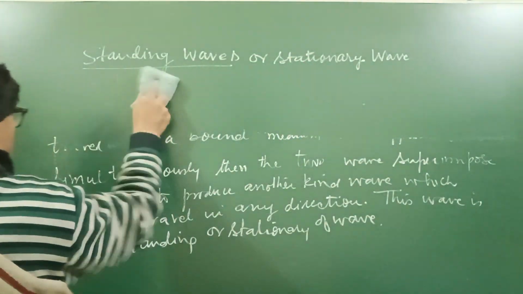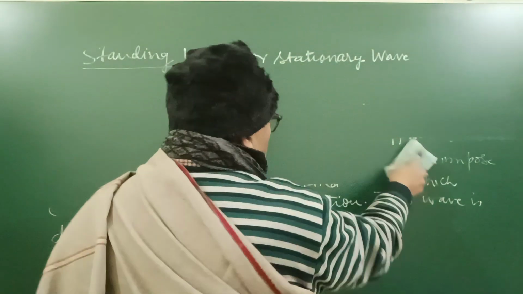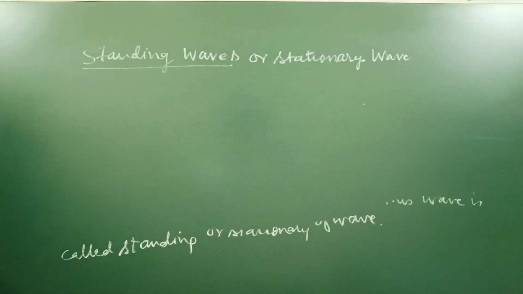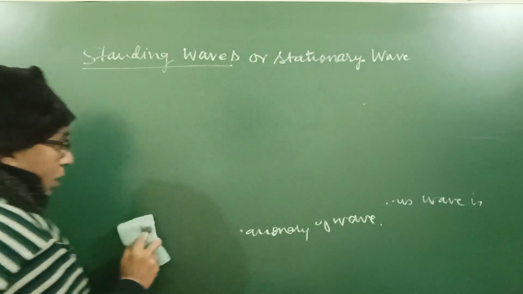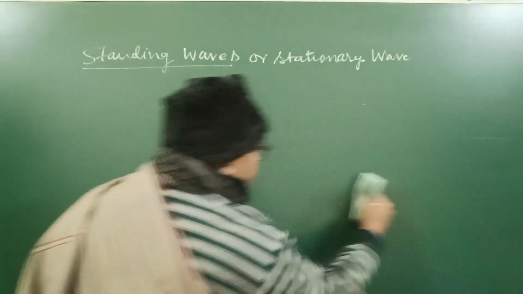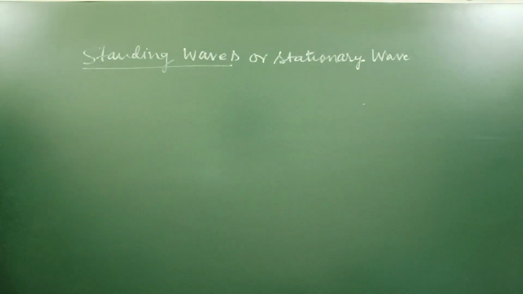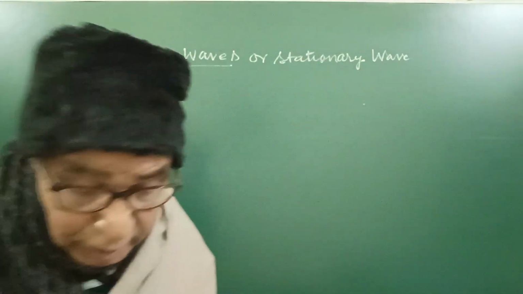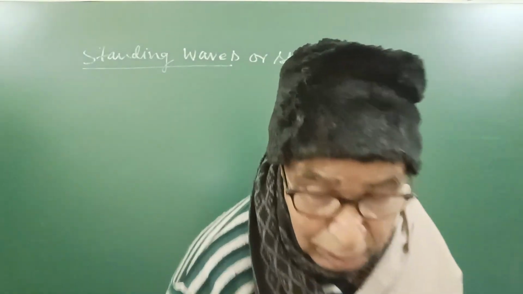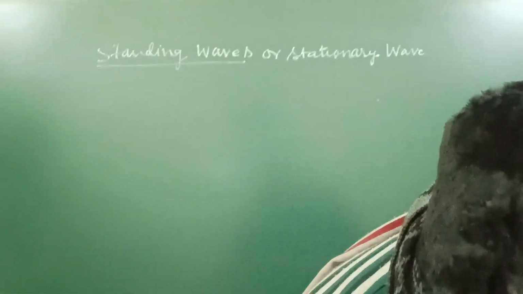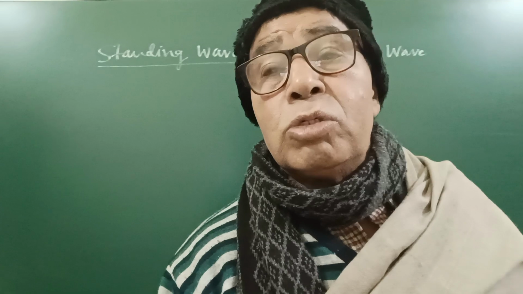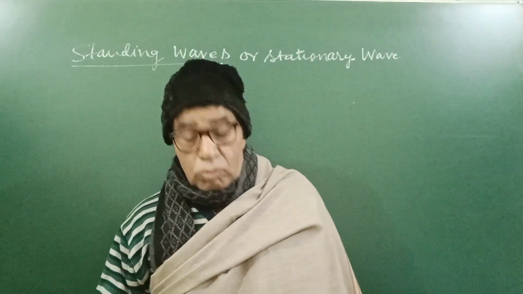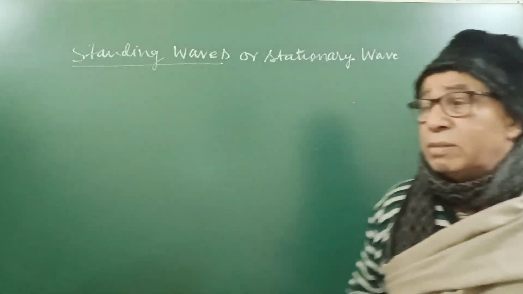Now, I told you when two waves of the same frequency and same amplitude travel in a bound medium in opposite directions, they superimpose each other to give another kind of wave. I wrote it here. Please learn this sentence, because when we ask students in a viva or anywhere what do you mean by a standing wave, they are unable to speak out the sentence.